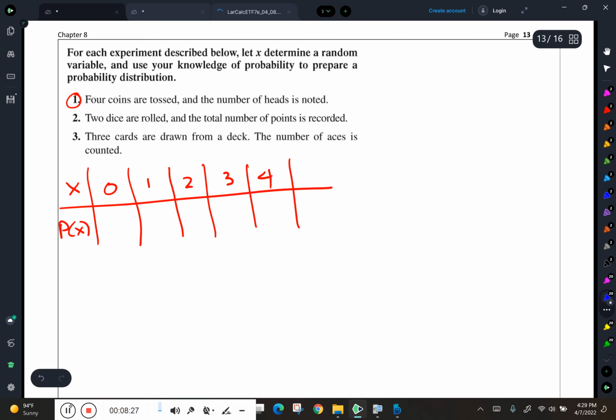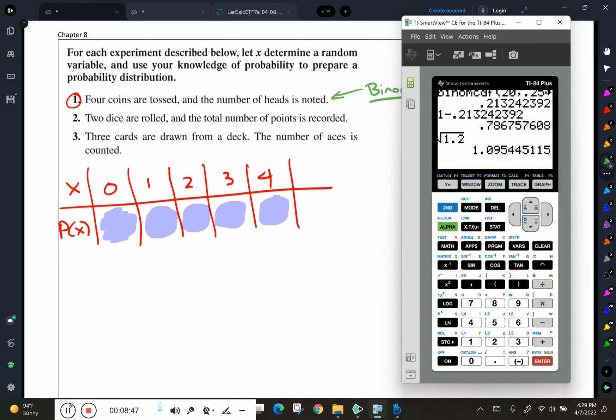Now I need probabilities to put in here, because these probabilities right here need to be the probability for all those X's. Now I know if you're looking at this, you're probably noting that that is just binomial.